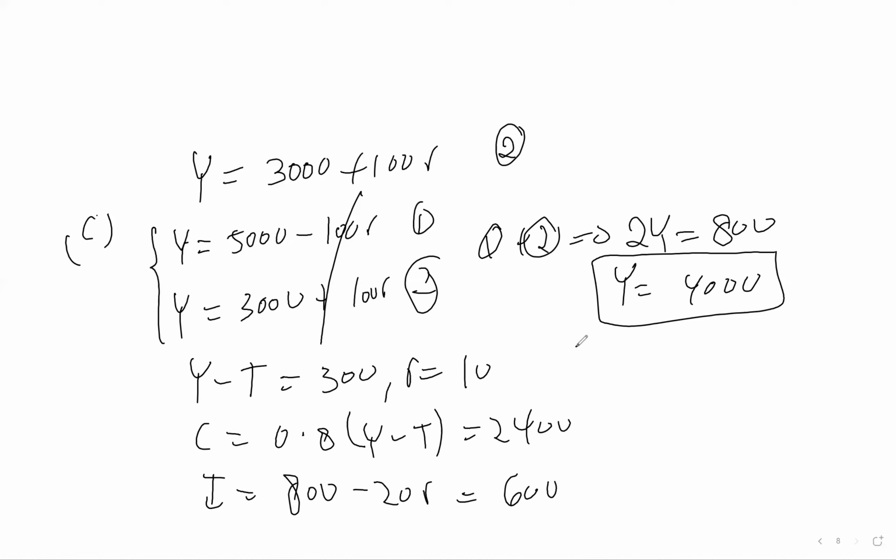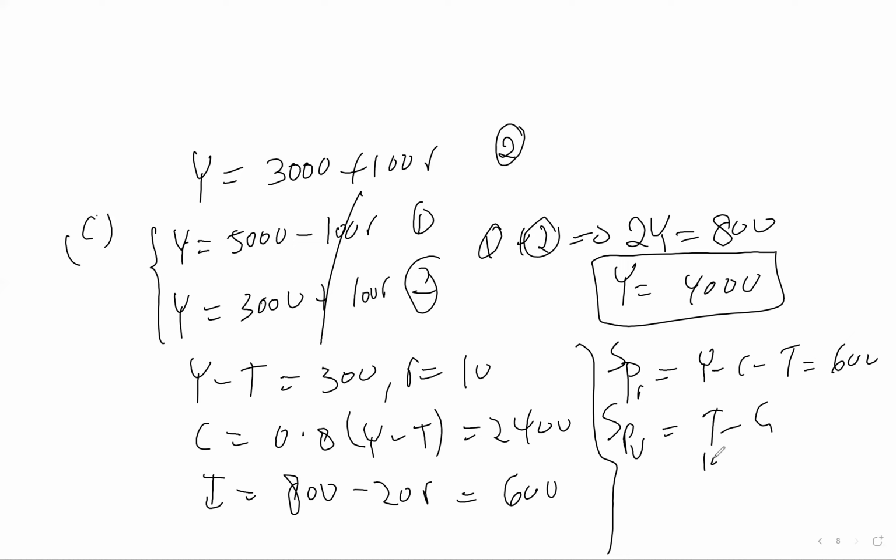So here, the private saving is equal to Y minus C minus T, and that is equal to 600 by calculating this. And public saving is equal to T minus G. This was 1,000, and this is 1,000.